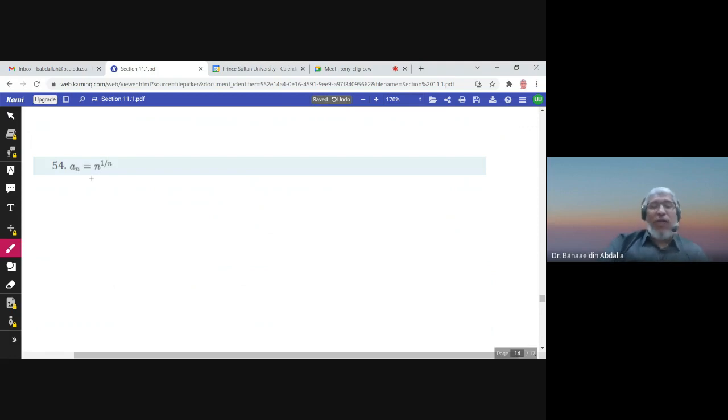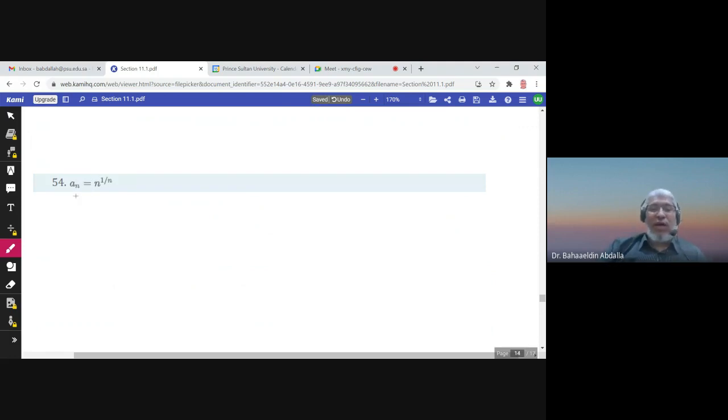Here also, if I replace n with infinity, I will have infinity to the power 1 over infinity, which is infinity to the power 0. This is an indeterminate form, and you have to use L'Hopital. So I write f of x, or y, equals x to the power 1 over x.